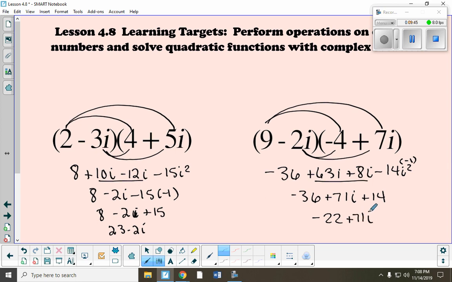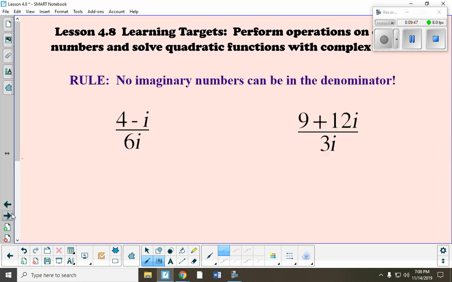All right, and then remember too, we said that we can't have imaginary numbers in the denominator. So here we have an imaginary number in the denominator. So what we can do is multiply by i over i. Remember, anything over itself, like 5 over 5 or 2 over 2, is equal to 1.